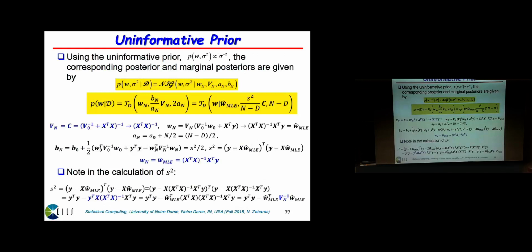If you actually use this as a prior, it comes out that the posterior of W takes the form of a Student t distribution. Okay? And the Student t distribution has a mean that corresponds to the MLE estimate for W, and it has a covariance defined by this term here, where I give you the expression for this matrix C, and what is S?